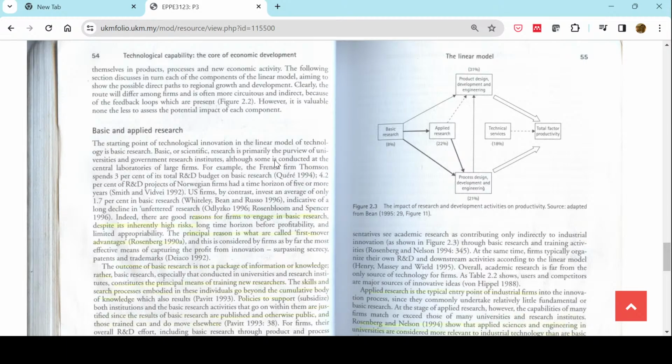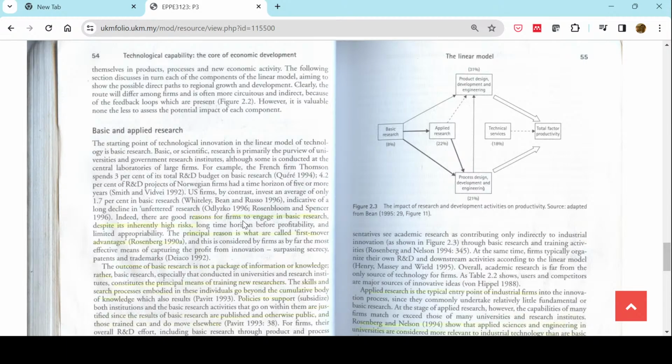There are indeed good reasons for firms to engage in basic research, even though we say right away from the beginning, basic research is mostly done by universities and government or public research institutes, not by private firms.